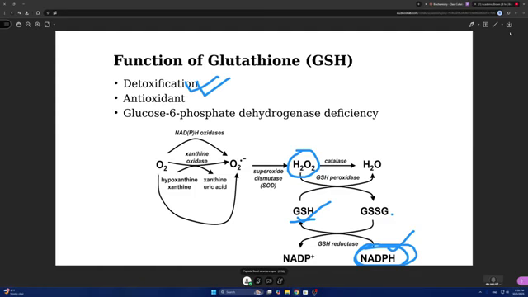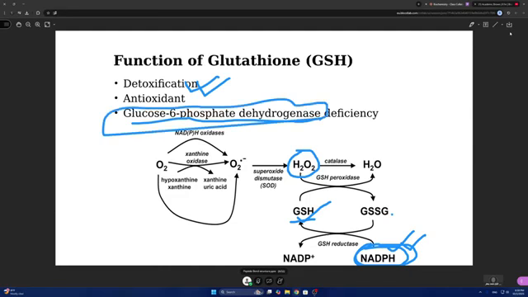And this continuous supply of NADPH is met by the glucose 6-phosphate dehydrogenase enzyme. If there is a deficiency of this enzyme, the NADPH cannot be generated, and glutathione will be decreased or present mostly in the oxidized condition, and that will lead to lysis or breakdown of the RBC membrane. Therefore, the RBC will die after that.